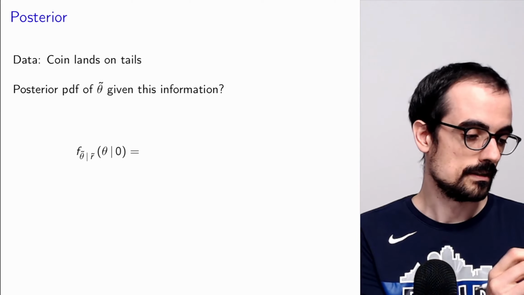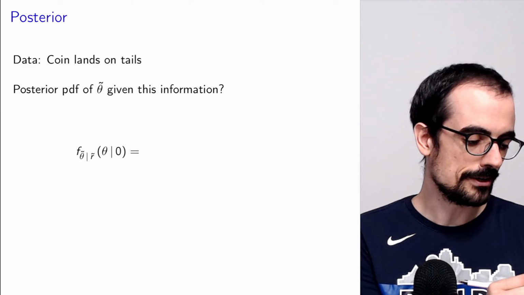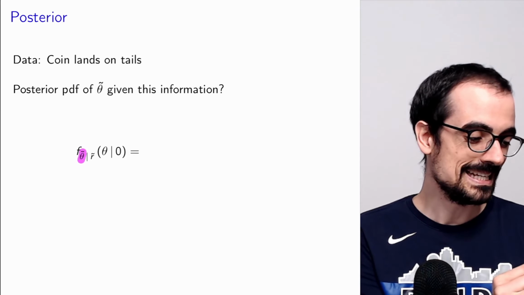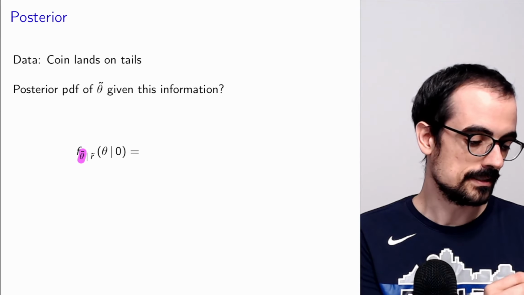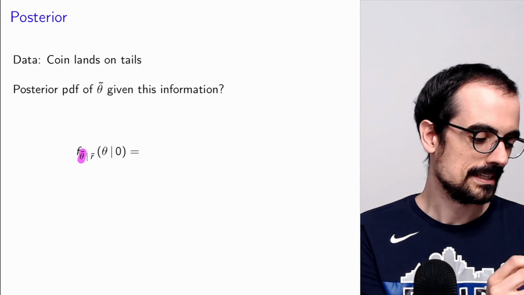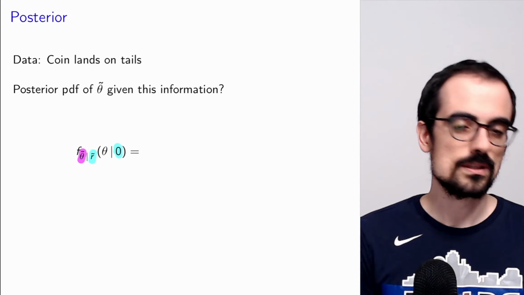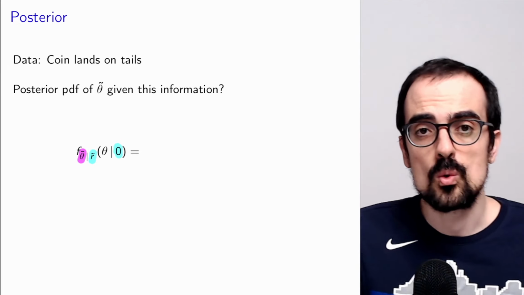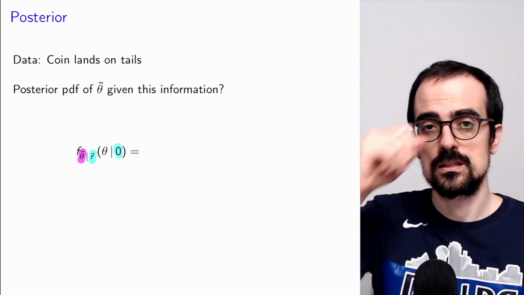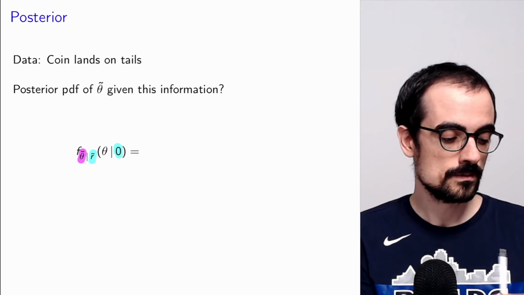Well, let's make sure that we understand what we're talking about. It's the posterior PDF of the parameter given the data, when the data are equal to 0. So now we're going to apply the chain rule for discrete and continuous random variables.